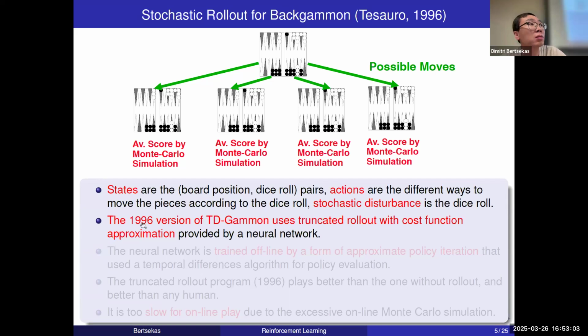In the early 1990s, Tesauro, a researcher at IBM, developed a methodology whereby he used supervised learning to obtain a value network, using our terminology today. And after obtaining that value network, he used one-step or two-step lookahead to obtain a player.